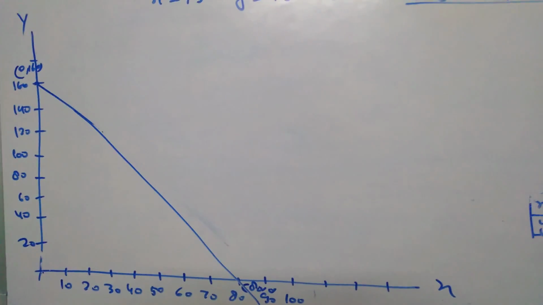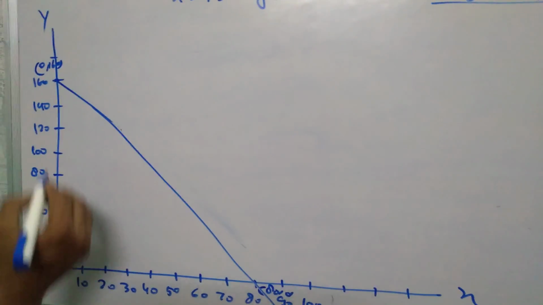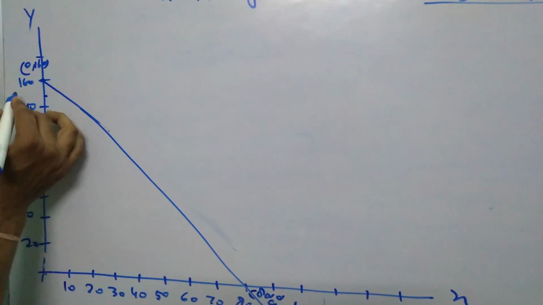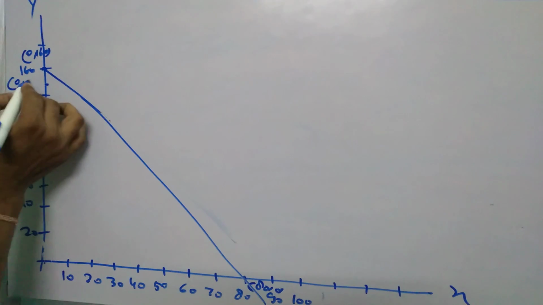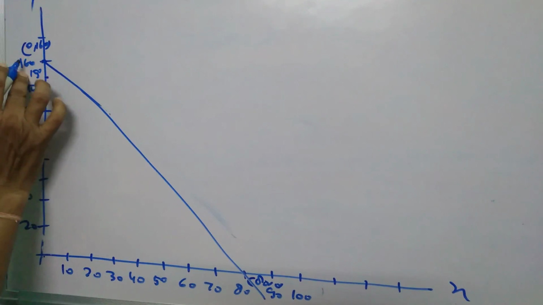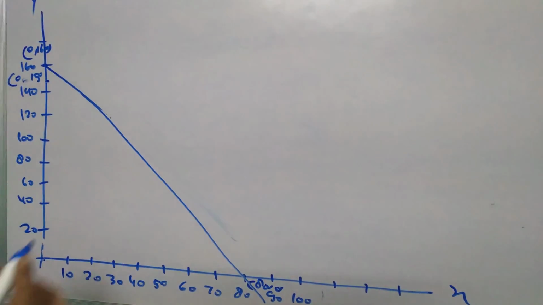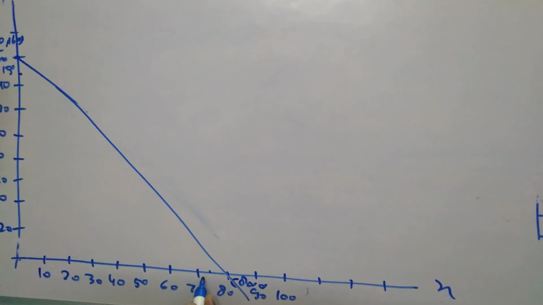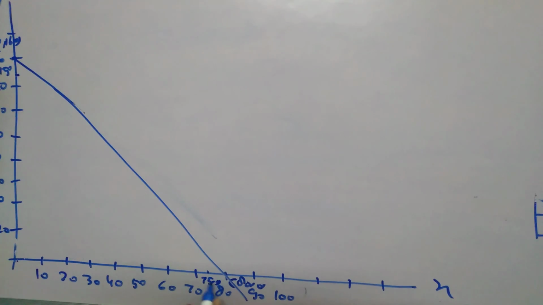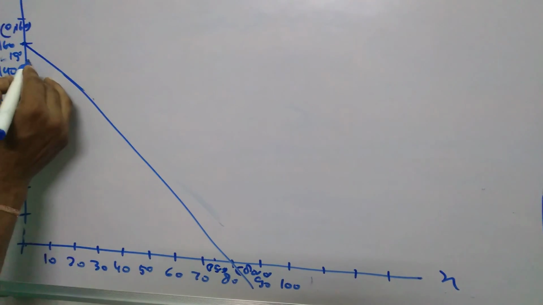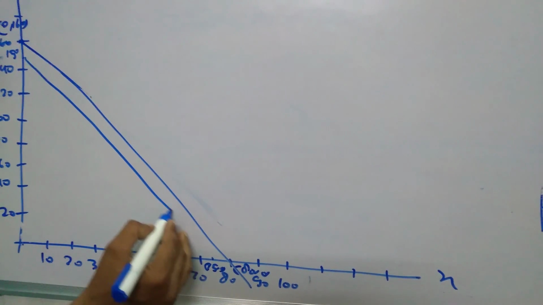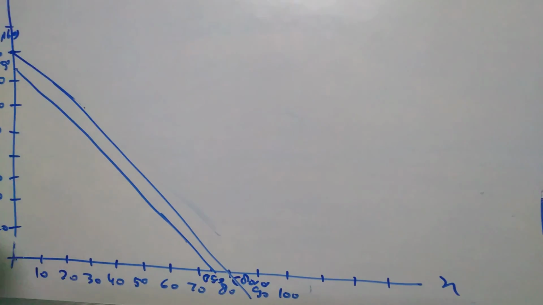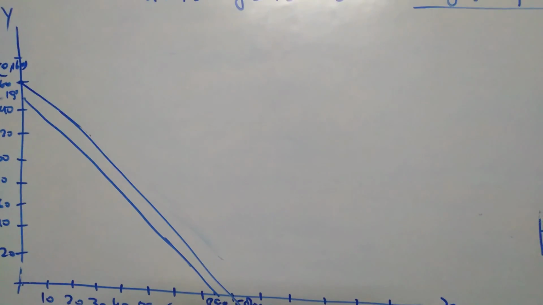Now second, x equal to 0, y is 150, so you will get the point (0, 150), and at 75 we get (75, 0). Now join this line. So we get the graphical solution.